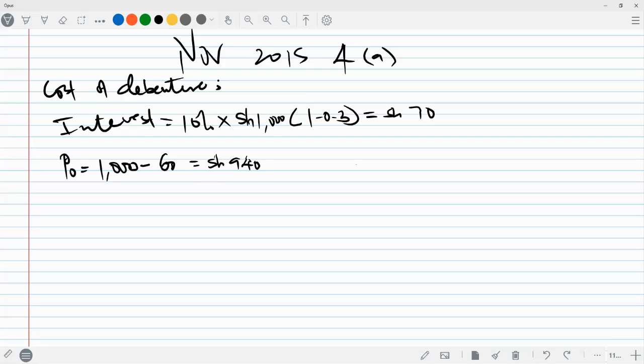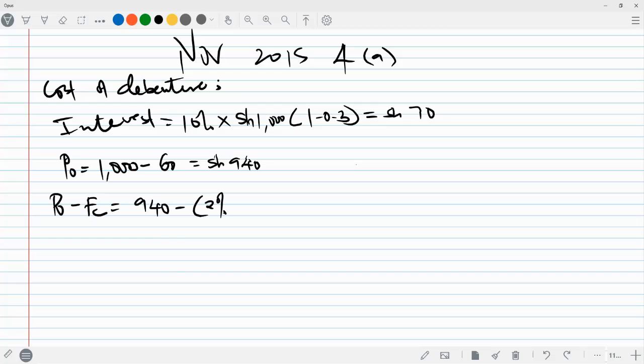It will also have a flotation cost of 2%. So P naught less flotation cost will be equal to 940 minus the flotation cost, which is 2% of the issue price or face value.